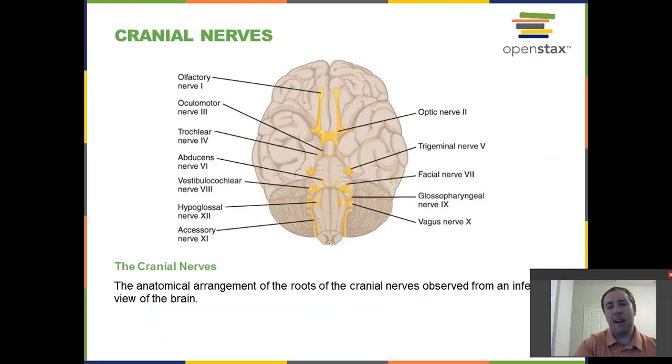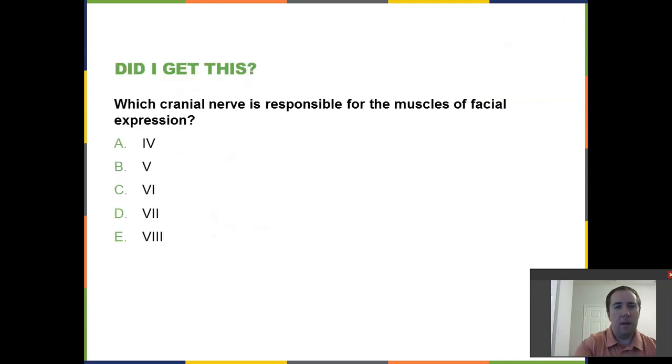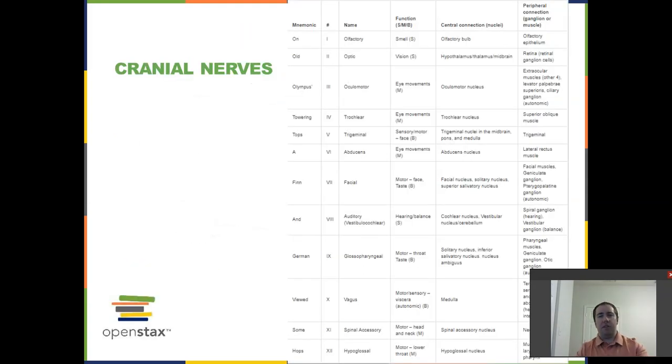So this is a diagram showing where the cranial nerves come from. You do not need to memorize that. So this is not something that you need to memorize for an exam, but which one controls facial expression?